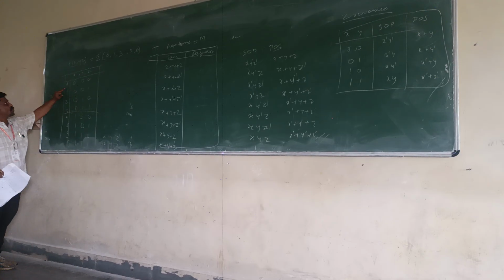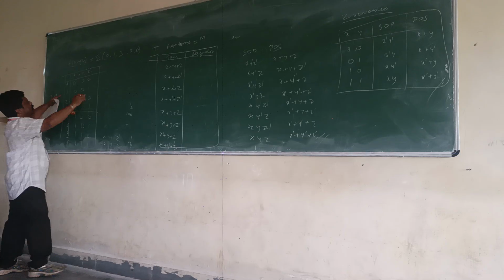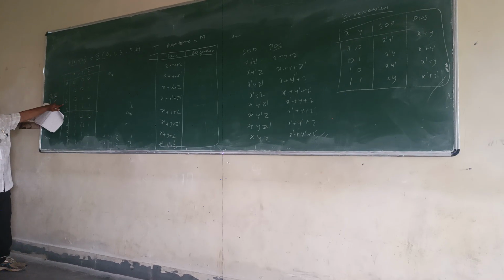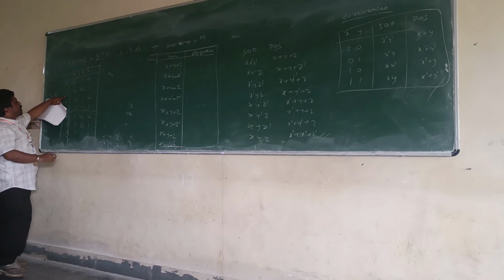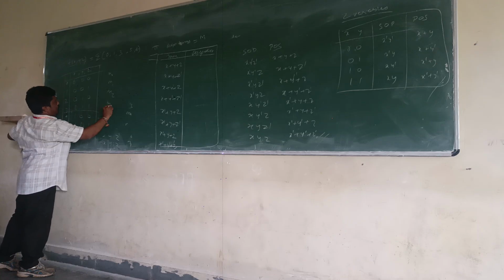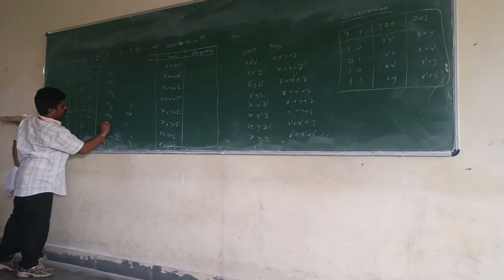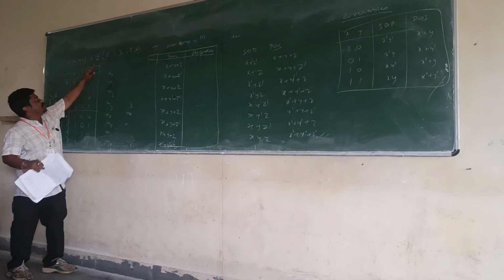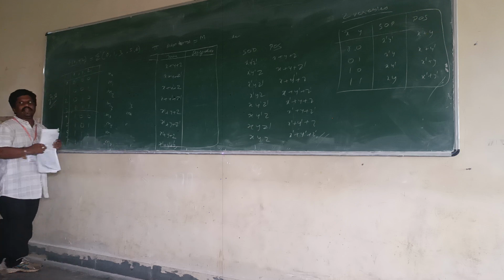Just to identify, 0 is M0, then M1, M2, M3, M4, M5, M6, M7. Here the function is given directly in summation form as 0, 1, 3, 5, 6.